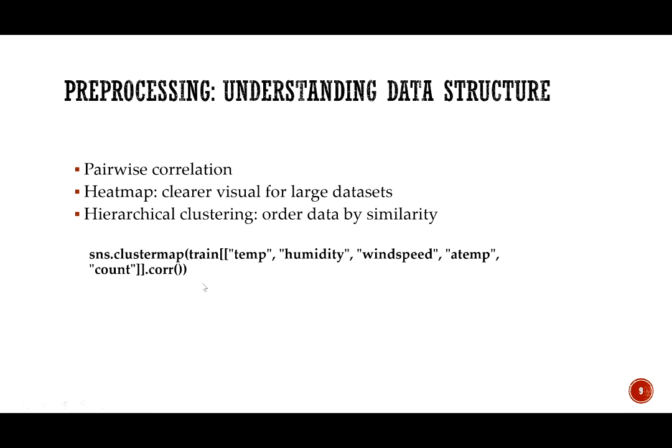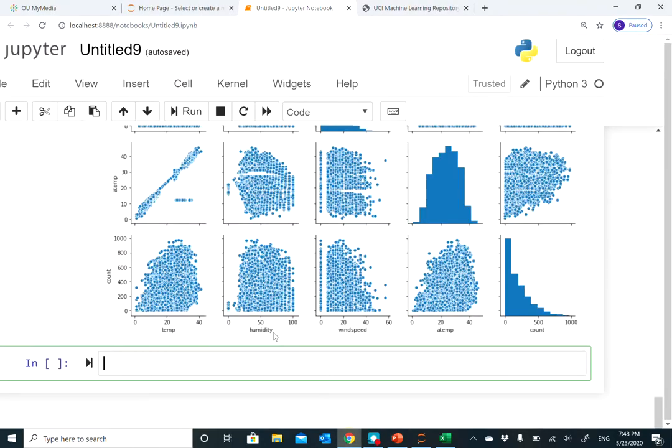And all of it can be produced by the clustermap method under the Seaborn library. So seaborn.clustermap, and then you pass the variables that you want to look into dot corr. Then it produces the heat map and also the correlation between each pair of variables. Let's implement this in a notebook and you can see the result.